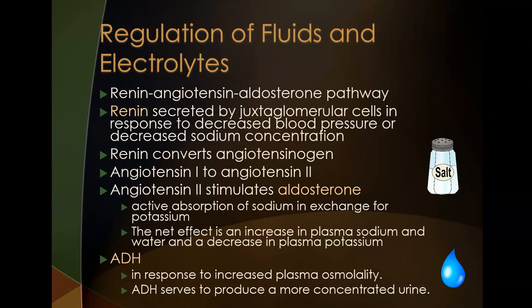So basically, your blood is too concentrated; it needs more water, and therefore ADH is going to be produced, and it will make a more concentrated urine because it's going to move water from the urine back into the blood. So the point of ADH is to simply dilute out your blood because your blood's too concentrated, and so it's going to do that by concentrating your urine.